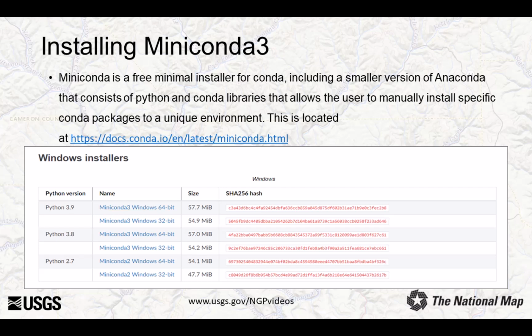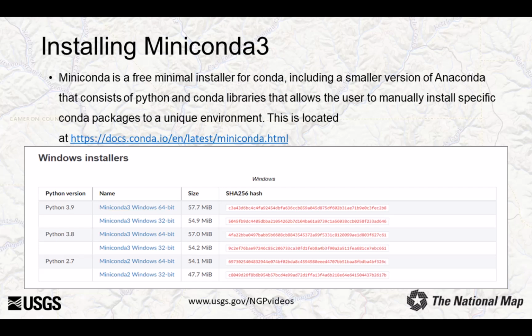This tutorial will use a free minimal installer for Conda called Miniconda. It is a mini version of Anaconda that includes a handful of packages including Python and Conda. This also allows a user to install Anaconda packages separately to save time and space for what the user will need and use.